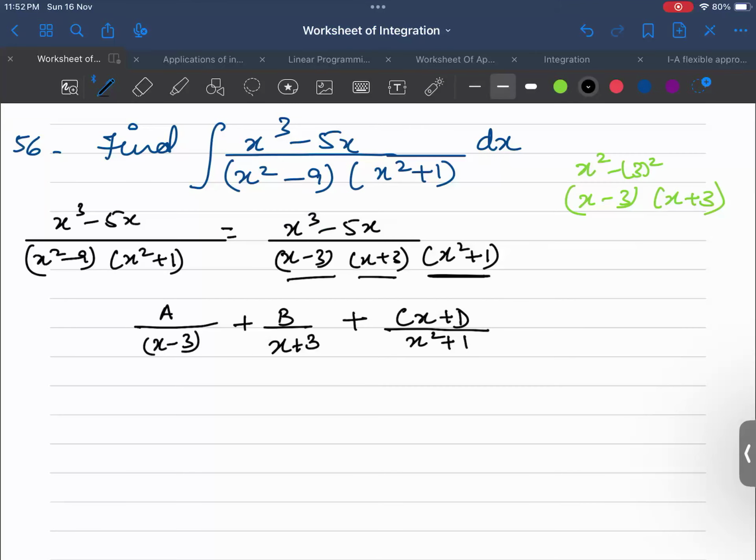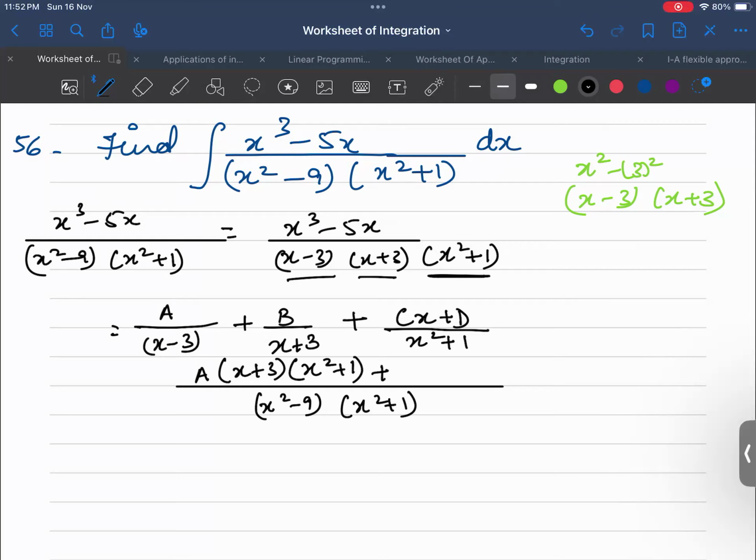Now if we take the LCM, it would be x square minus 9, x square plus 1. When we solve it, it would be a times x plus 3, x square plus 1, plus b times x minus 3, x square plus 1, plus cx plus d multiplied by x square minus 9.